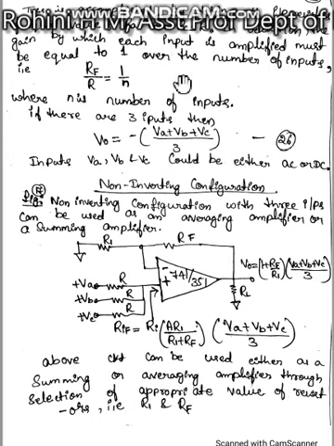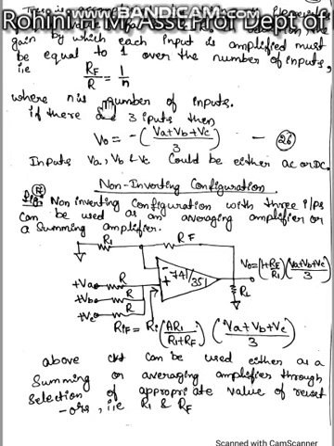What happens if there are three inputs? If all are the same, RF by R can be written as 1 over N, where N is the number of inputs. So Vout can be written as VA plus VB plus VC divided by 3. What should be the condition for averaging?